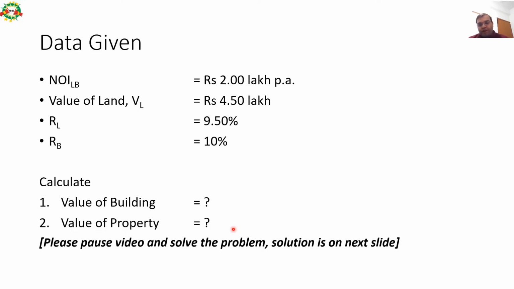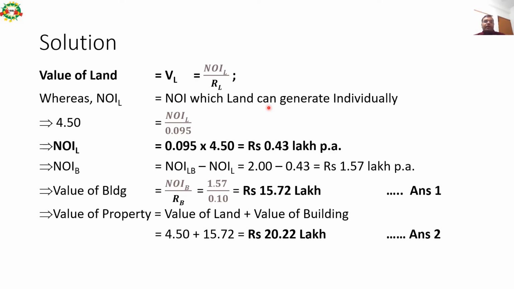In the previous case we had calculated value of land and value of building. So here value of land will be equal to net operating income divided by capitalization rate of the land. So value of land, which is given in the question as 4.5 lakhs, is equal to NOI_L, which we have to calculate, divided by capitalization rate of the land, which is 0.095.